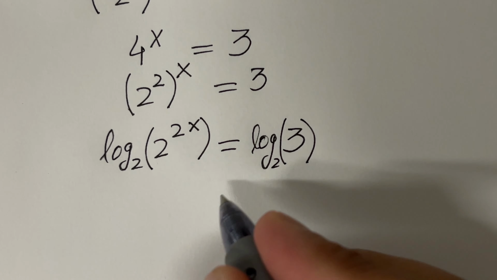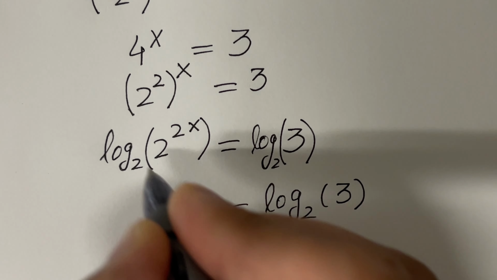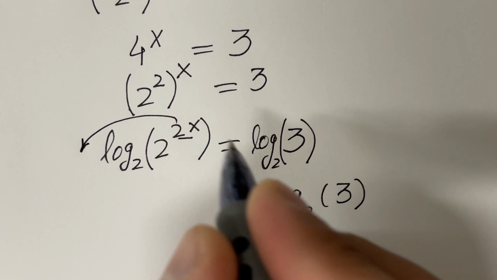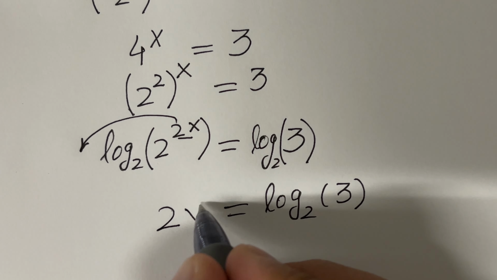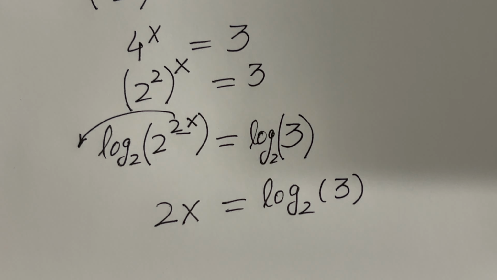If you do so, then the right hand side will be log base 2 of 3, and on the left hand side the 2x will come up front, and log base 2 of 2 is 1, so we will get this. Finally, we want to find the value of x, so we will divide by 2 on both sides. So x is equal to log base 2 of 3 divided by 2.